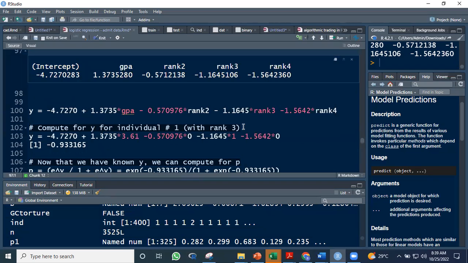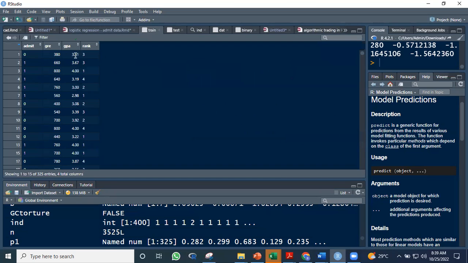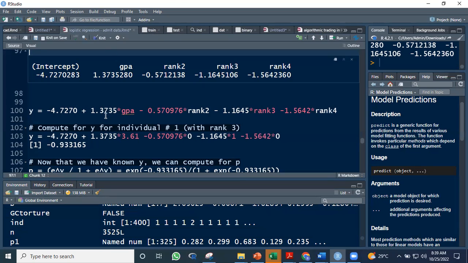Y is equal to your intercept plus the GPA, which is 3.61, so we substitute 1.3735 times 3.61. Then, since the individual is rank 3, rank 2 times 0, and rank 4 times 0. Only rank 3 is times 1: negative 1.1645 times 1.